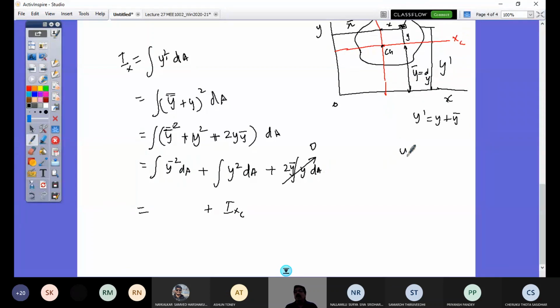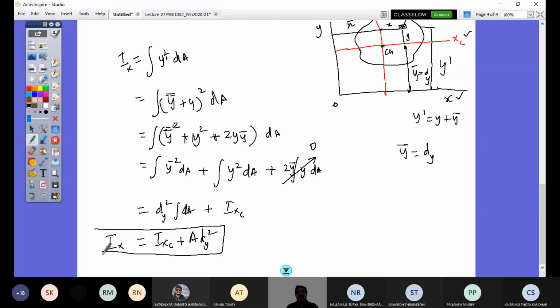So I can take that dy square out of the integral of dA. Integral dA is the total area. So Ixc plus total area into dy square is Ix. This is the parallel axis theorem.